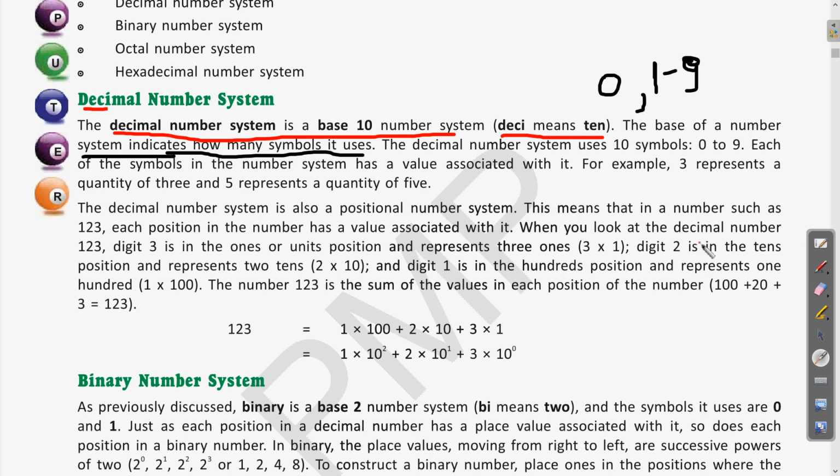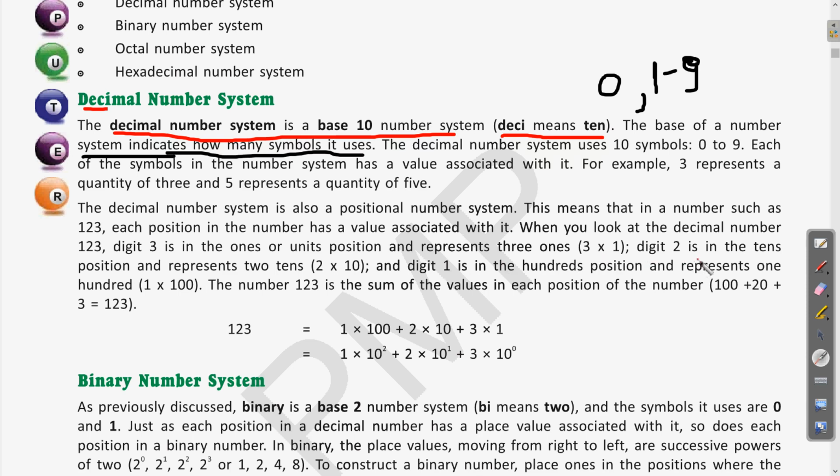This means that in a number such as 123, each position in the number has a value associated with it. Here we are taking the example 123, so all of the digits have some value associated with the number. When you look at the decimal number 123, digit 3 is in the ones position, or the unit position, so its value will be 3 into 1.